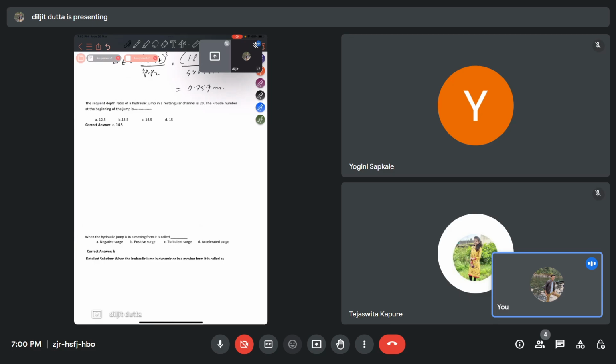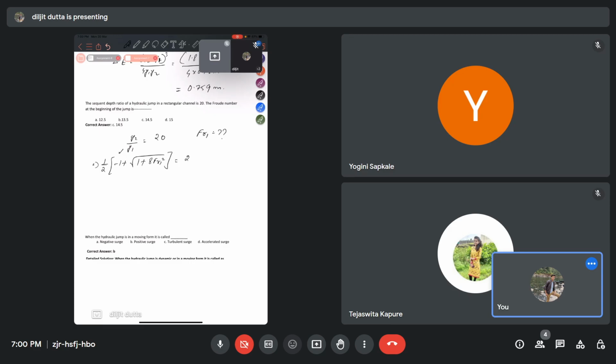Okay, what is the next question? The sequent depth ratio of a hydraulic jump in a rectangular channel is 20, that is Y2 by Y1 is equal to 20. We need the Froude number at the beginning of the jump, that is FR1. So how will we obtain FR1? We can directly use the formula Y2 by Y1 is equal to half of minus 1 plus under root of 1 plus 8 FR1 square.